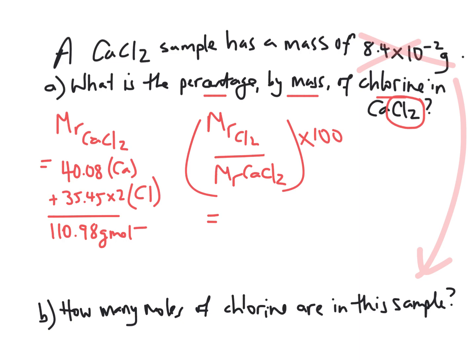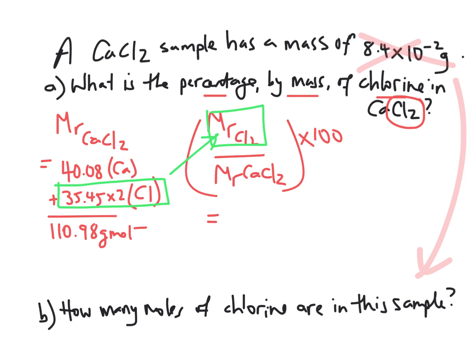Now what part of that is actually just the chlorine part? I'm going to put a green box around that. So that's this part here. We want to take that chlorine part and say what proportion of that total mass, in any given sample, is actually made up of chlorine.